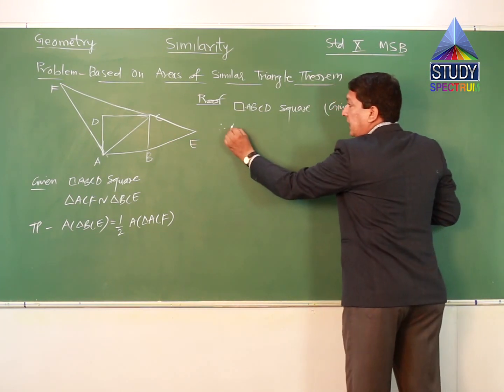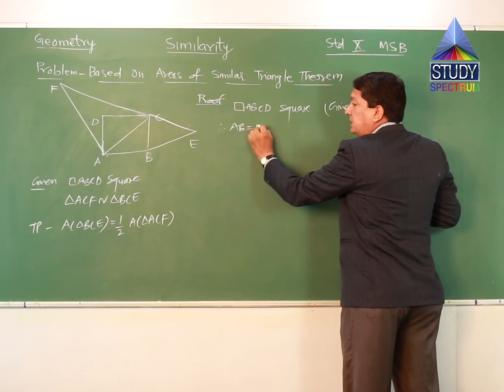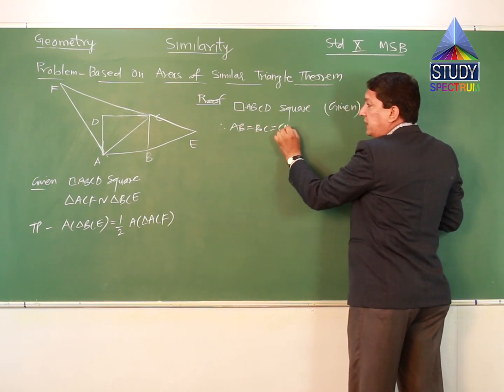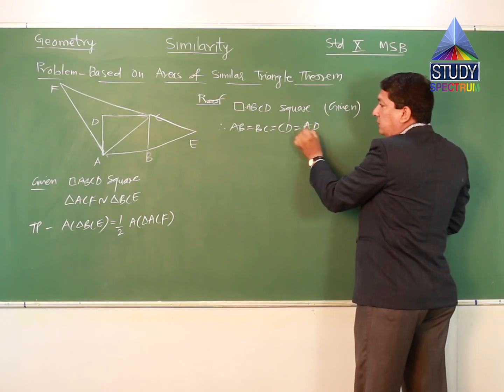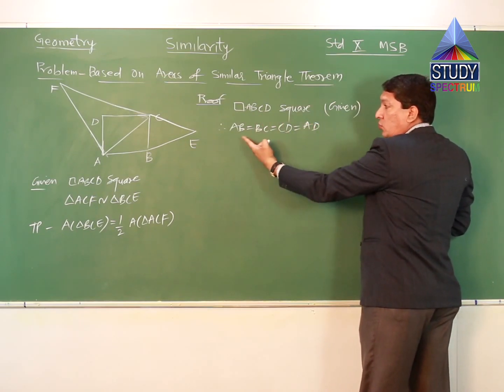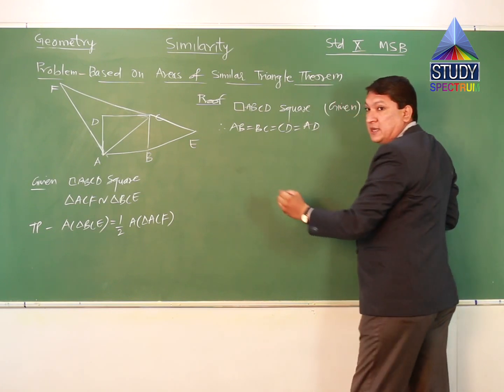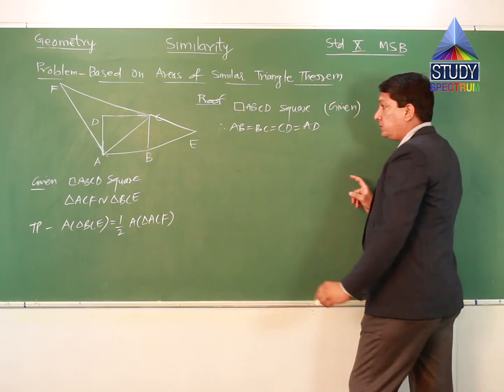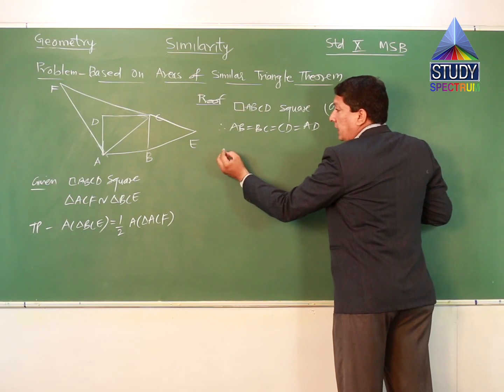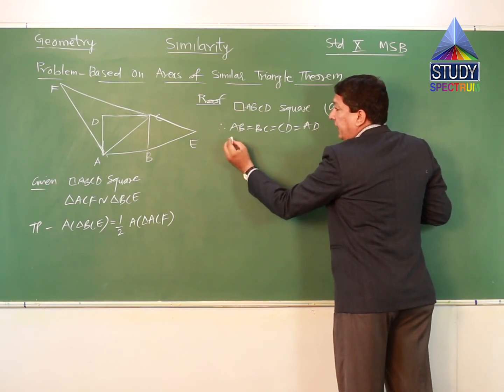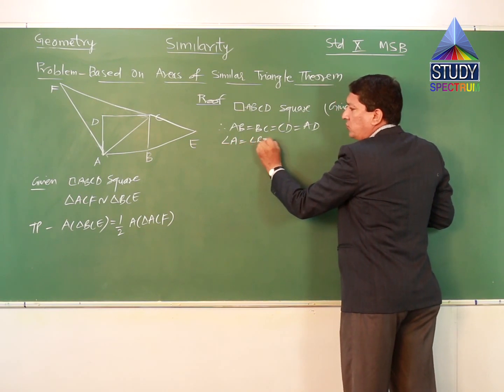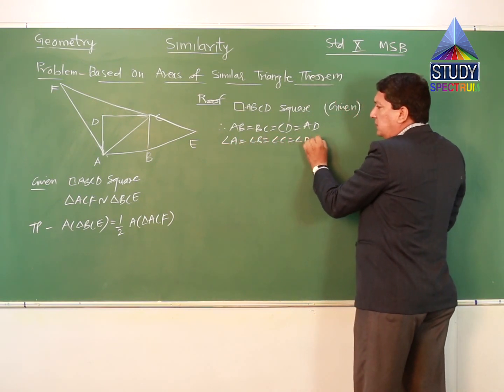So I can say that AB is equal to BC is equal to CD is equal to AD. Why? Because it's a square, so all sides are congruent. Also I can say that all angles are right angles. So I'll write angle A is equal to angle B is equal to angle C is equal to angle D is equal to 90 degrees.